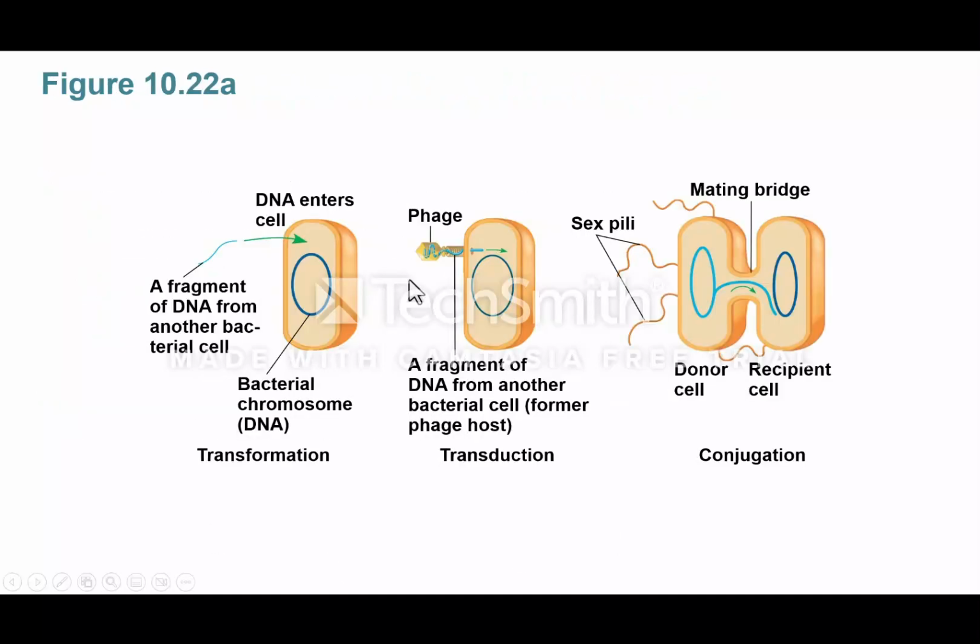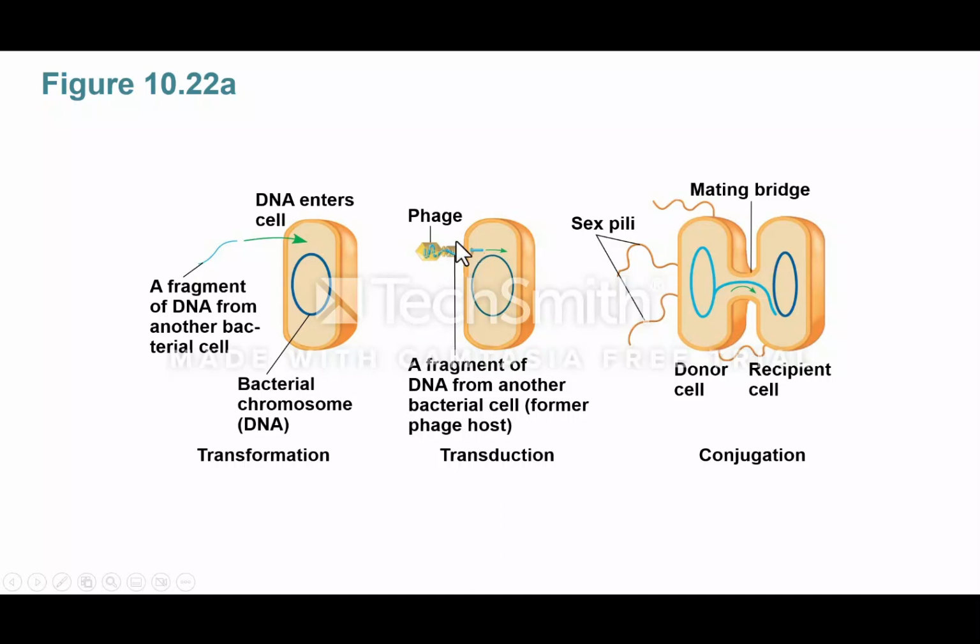So there's a DNA fragment just hanging out. Maybe there was a bacteria that got killed and its DNA got chopped up and pieces of its DNA are just floating about. Or maybe scientists put the DNA in there. The DNA is just going to be brought into the cell. Okay, so that's transformation.